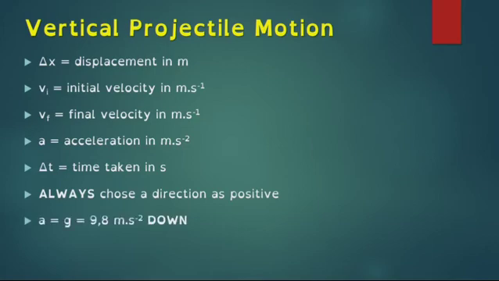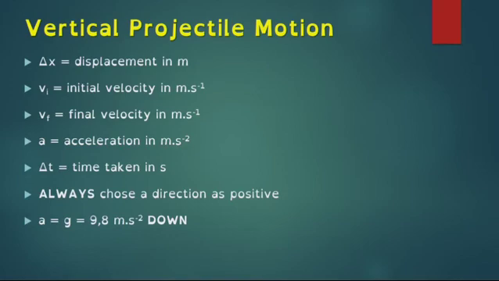And lastly, when we're working with vertical projectile motion, instead of using a, we tend to use g. We tend to use g because that is the acceleration caused by the gravitational pull of the Earth. And it is 9.8 meters per second squared down.